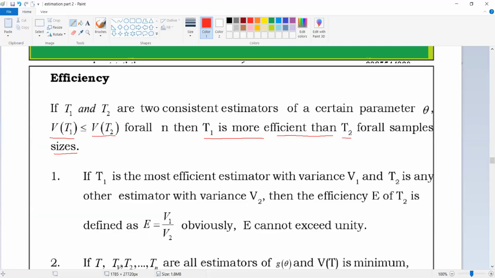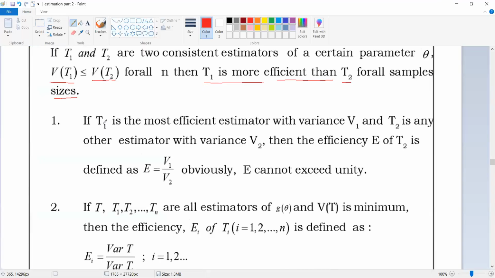Here is a remark: T1 is the most efficient estimator with variance V1 and T2 is any other estimator with variance V2. Then the efficiency E of T2 is calculated compared with T1.